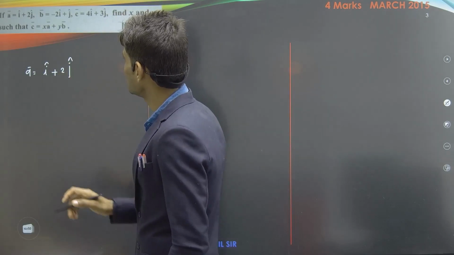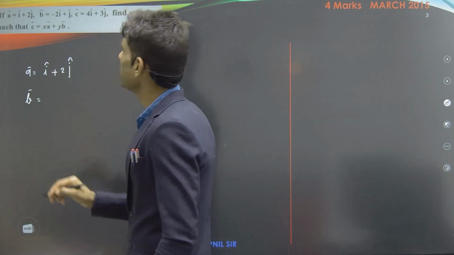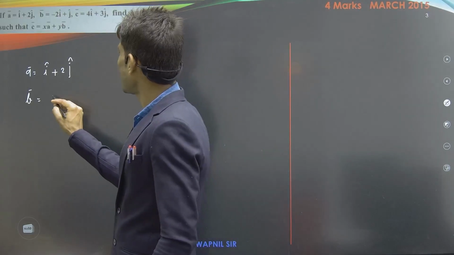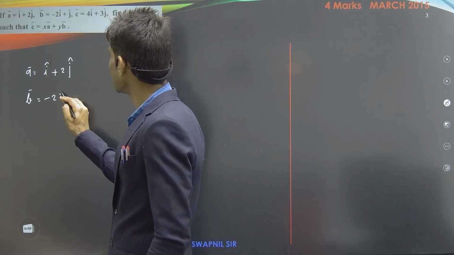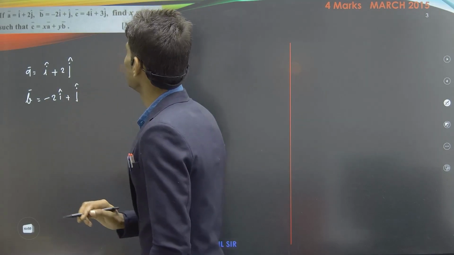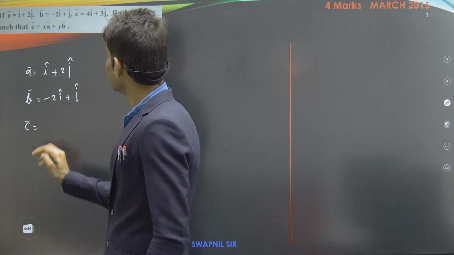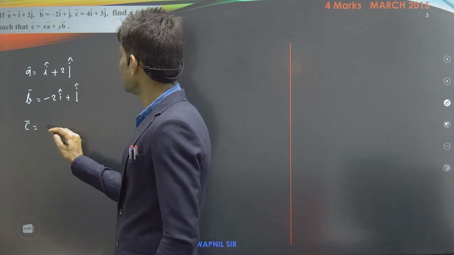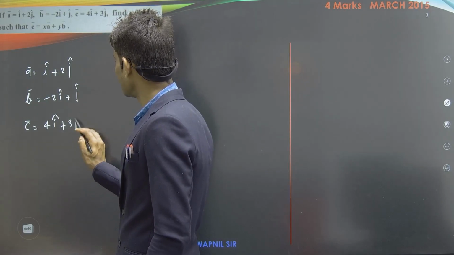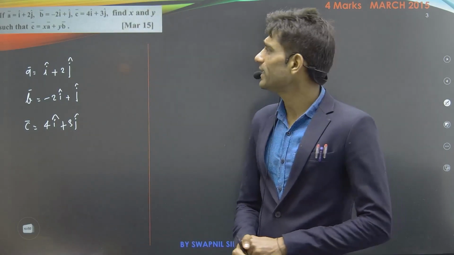The position vector B bar is minus 2 times I cap plus j cap. The position vector C bar is 4 times I cap plus 3 times j cap. These three position vectors are given.